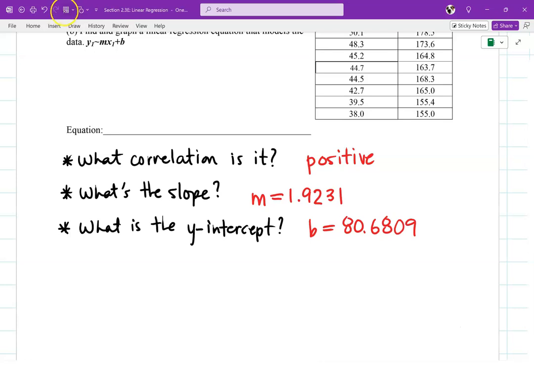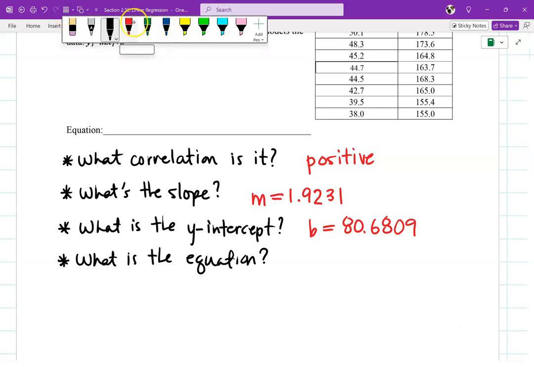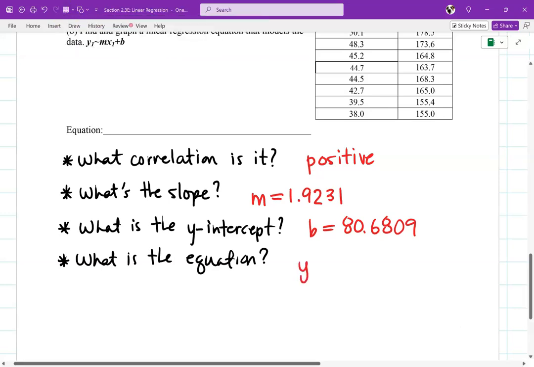If you write out the equation, what is it? Well, that would be y equals 1.9231x plus 80.6809. Right? That's y equals mx plus b.